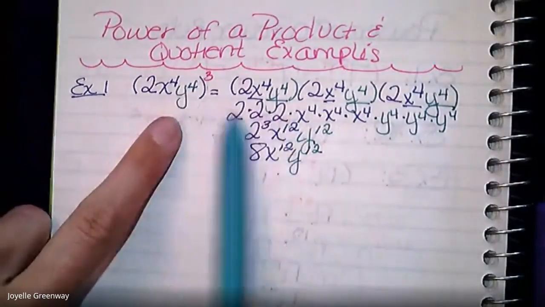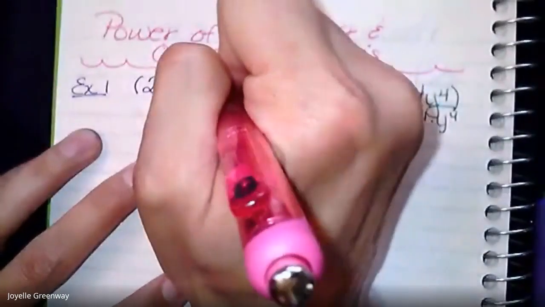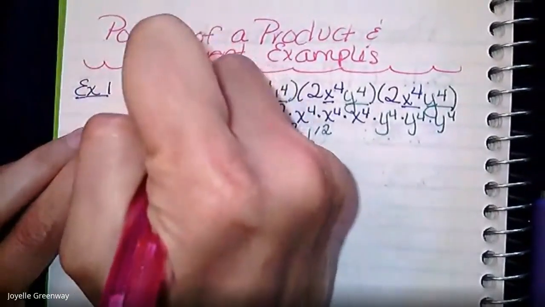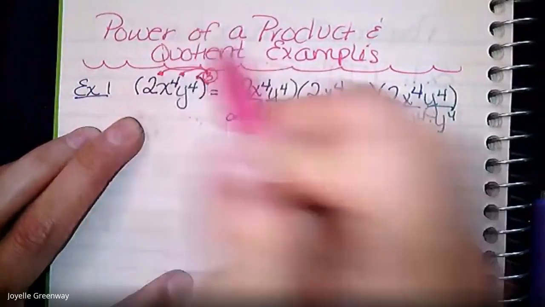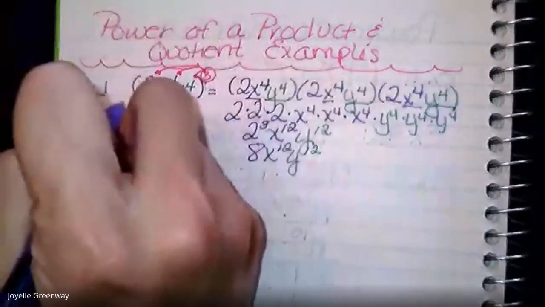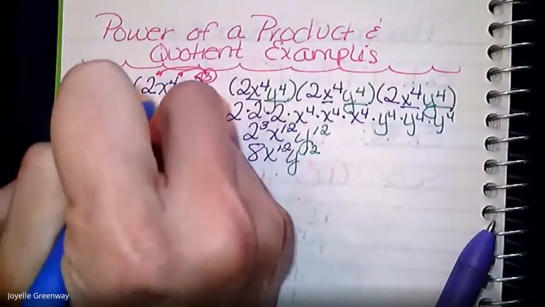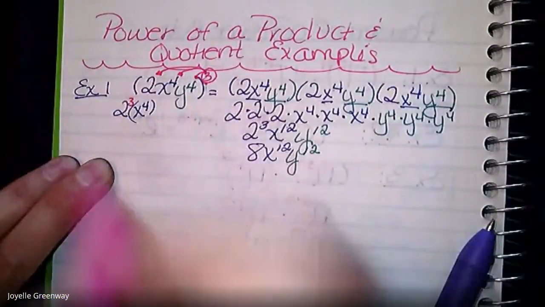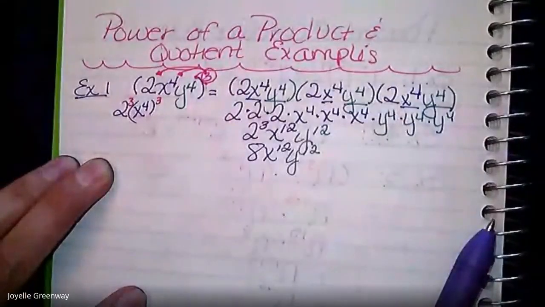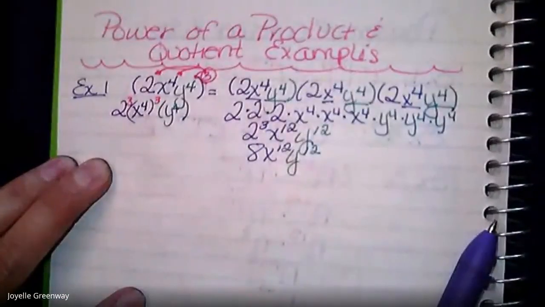Okay, so this is the expanded version. If you were to take this 3 as the exponent and apply it to every term, you would have 2 to the third times x to the fourth to the third times y to the fourth to the third.